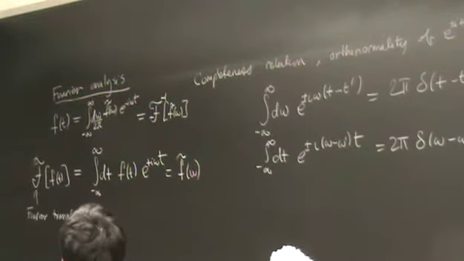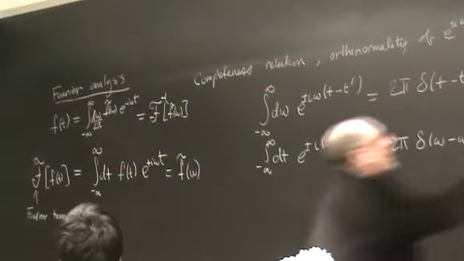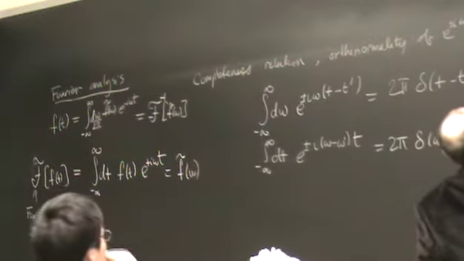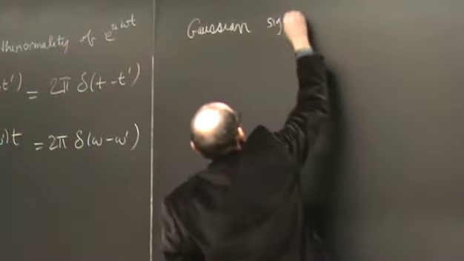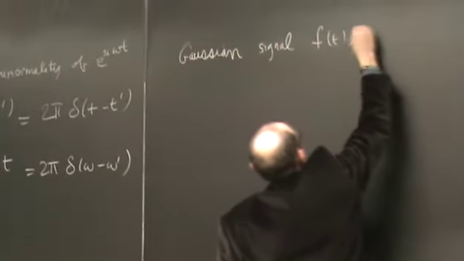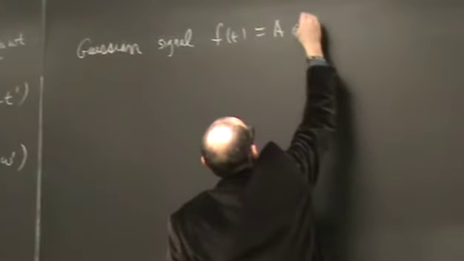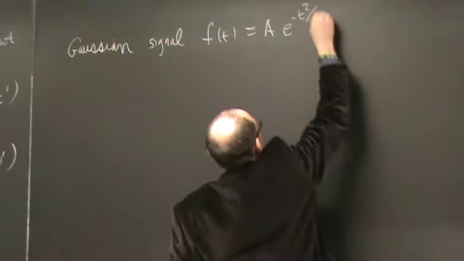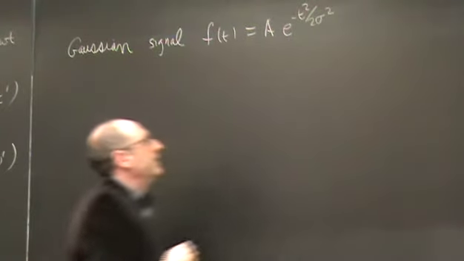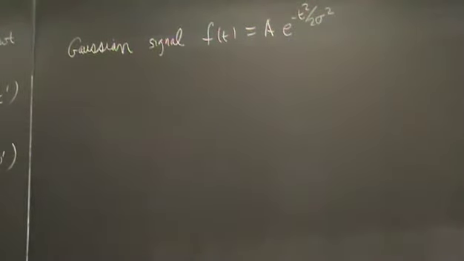So, just to remind you of a very simple thing. Let's suppose I have a Gaussian signal, f of t, with some amplitude that's varying as a Gaussian with some variance sigma squared.